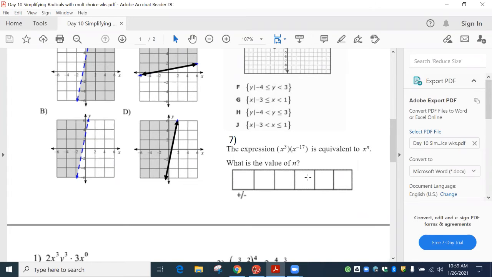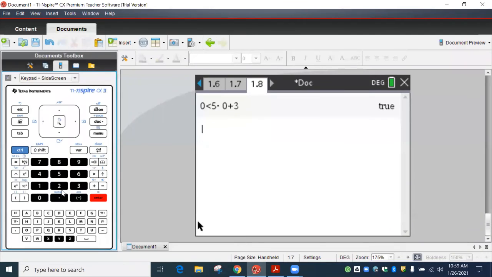So 3 minus 17, you could say 3 plus a negative 17. But like I said, if you don't know what else to do, please add those small numbers and just see what happens. Either way, we get negative 14.